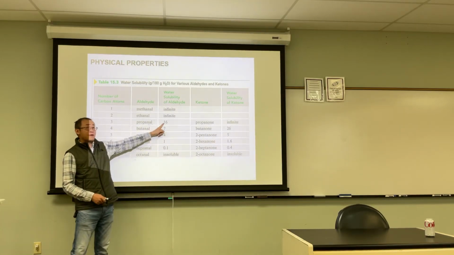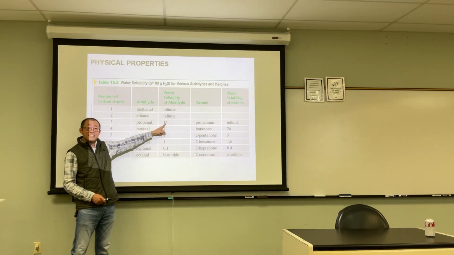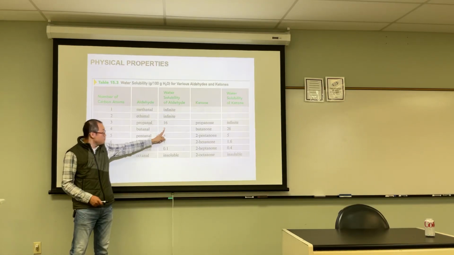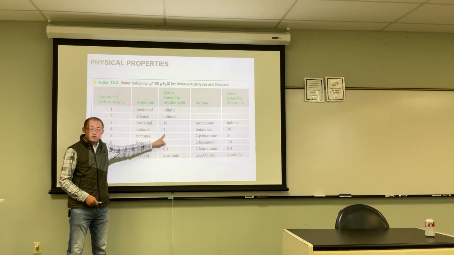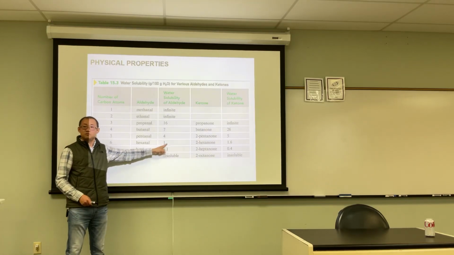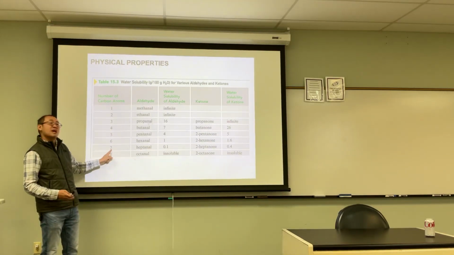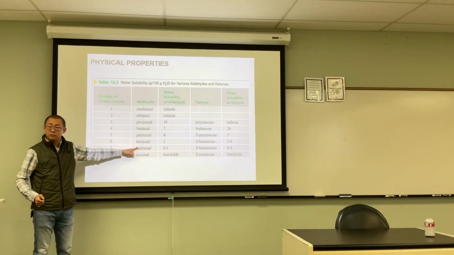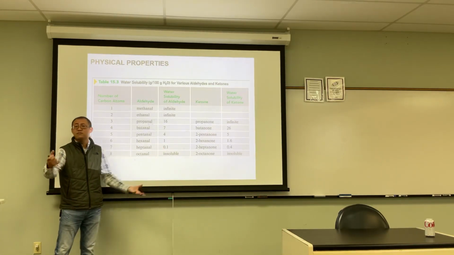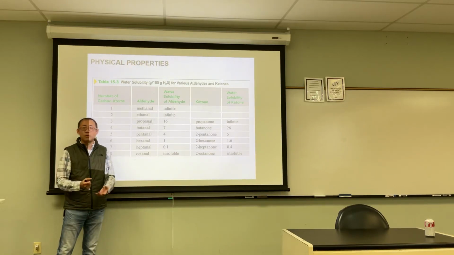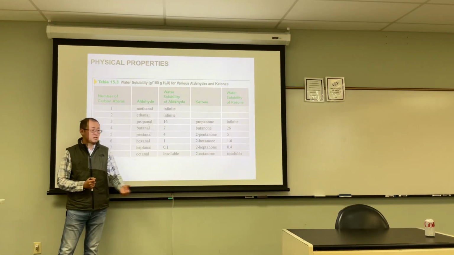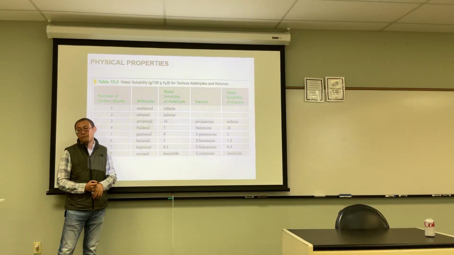Starting from number 3, you can see the water solubility drop to 16. Then it moves down to 7 and drops further to what? Close to 1 and 0. So we can say by number 7 aldehyde, heptanal, the water solubility is close to 0. It's almost the same as what? Hydrocarbon. Right? It's only dissolved a tiny bit.